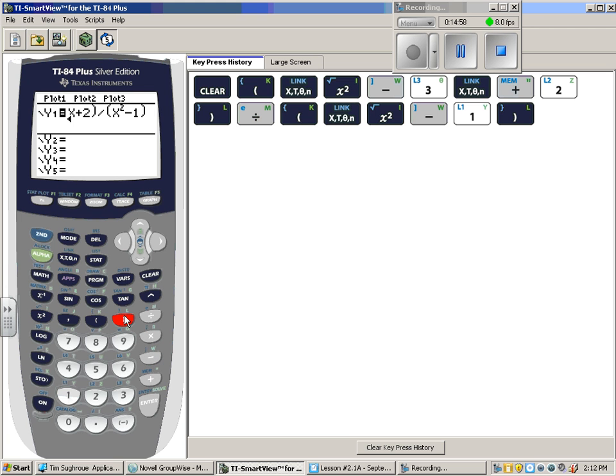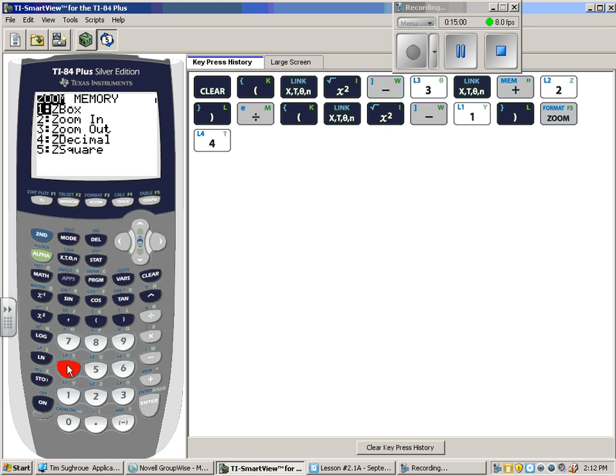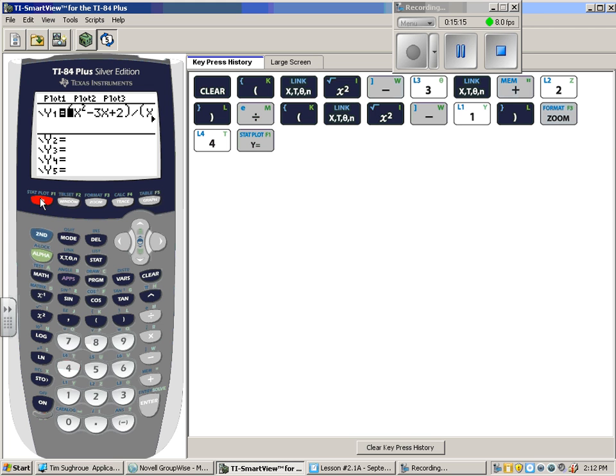And again, the best zoom is zoom 4 because it will actually show you the removable discontinuity in most cases. Type this in right.